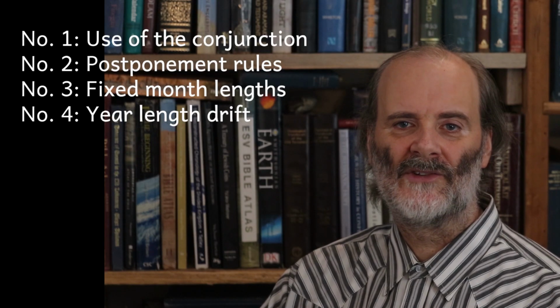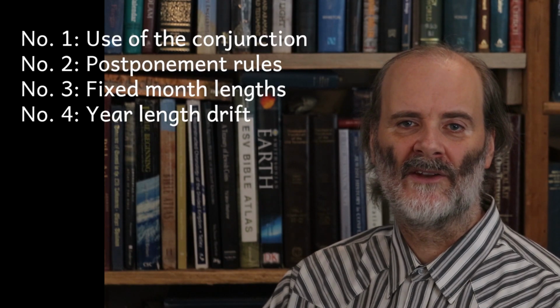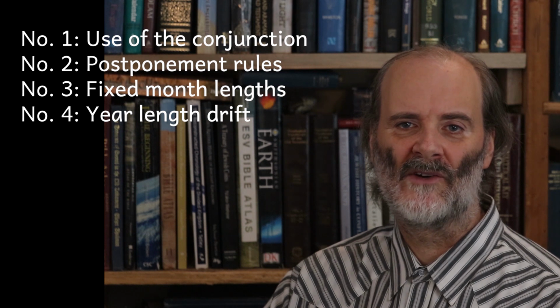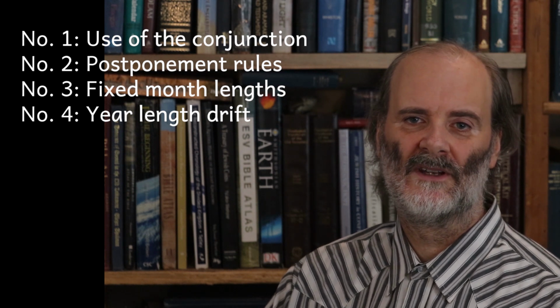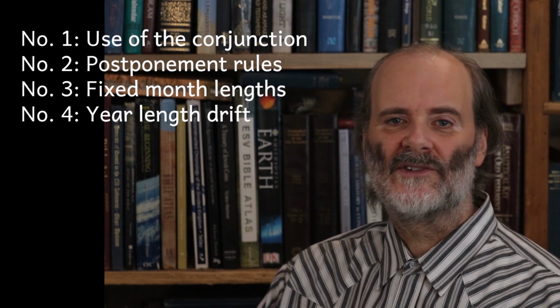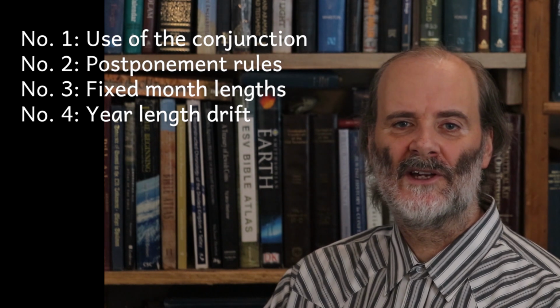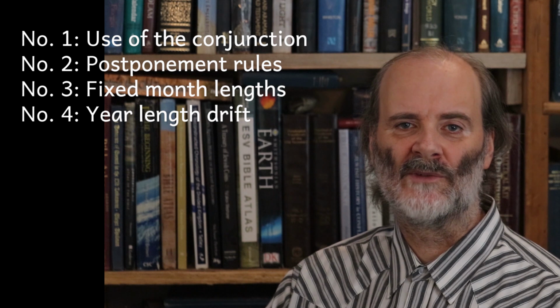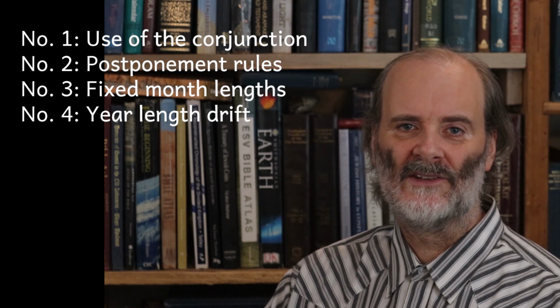There are 4 major problems with the current rabbinic calendar. The first is that the calculations are based on the conjunction of the moon rather than the visible new moon. The Jewish sources upheld by the rabbis reveal that new moons were determined by visible sighting in the Second Temple period.